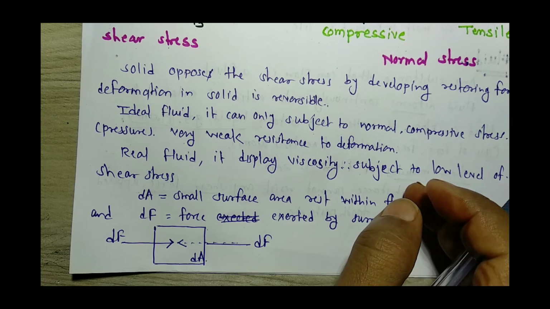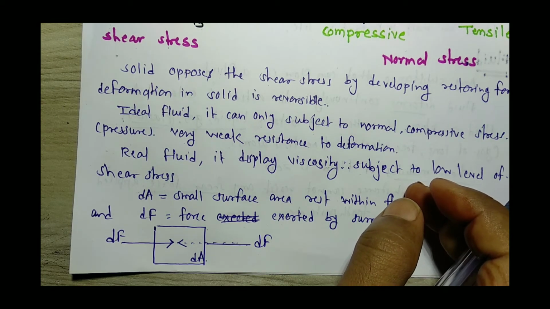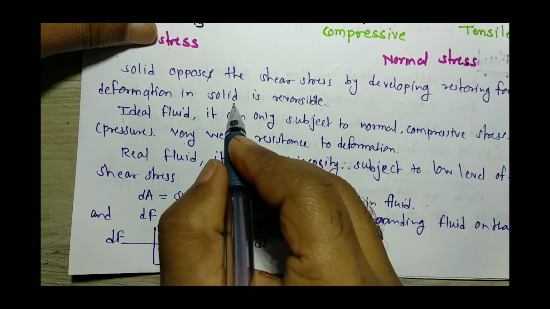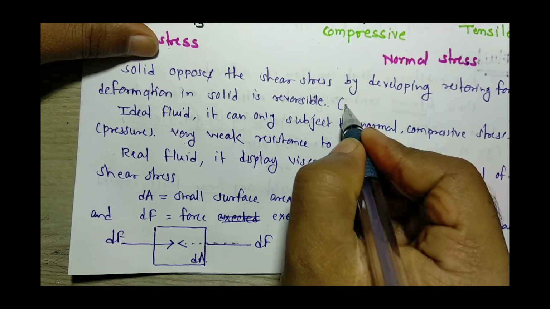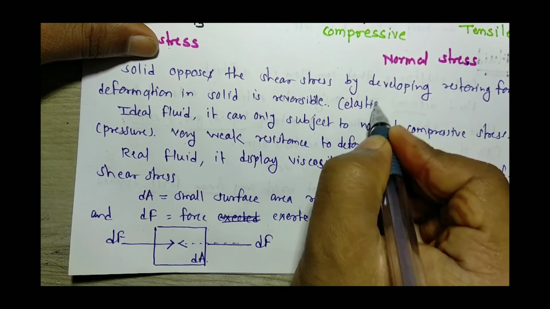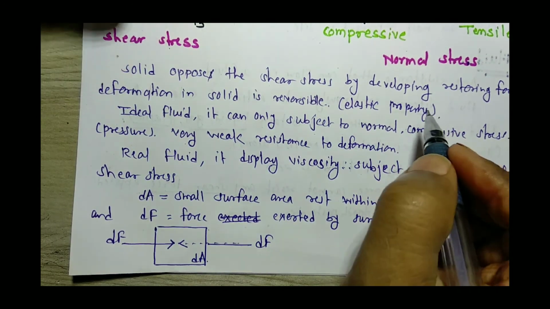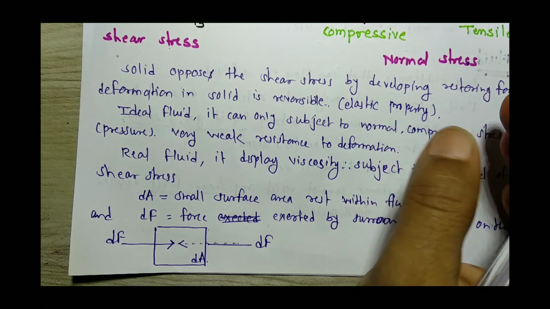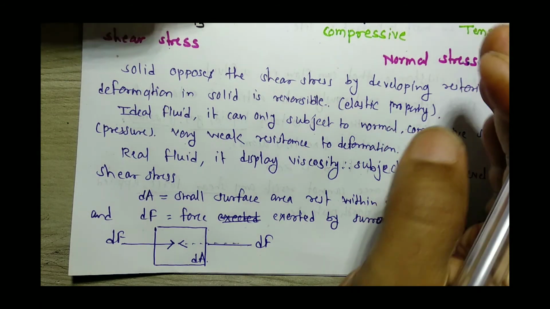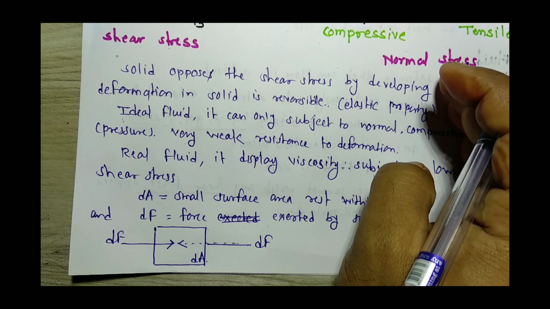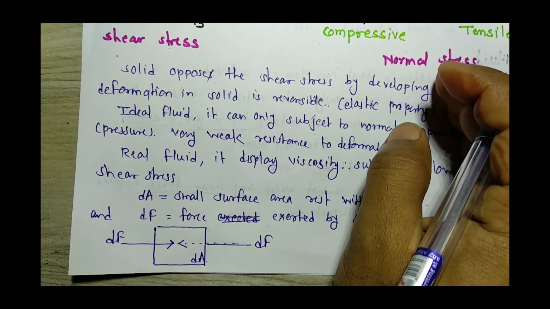But in a solid you will get resistance to the shearing stress, and therefore a solid opposes the shearing stress, and therefore deformation in the solid is reversible, and it is also called the elastic property. Due to that elastic property the solid, not a fluid, it is a solid, opposes the shearing stress which is maintained inside the solid.